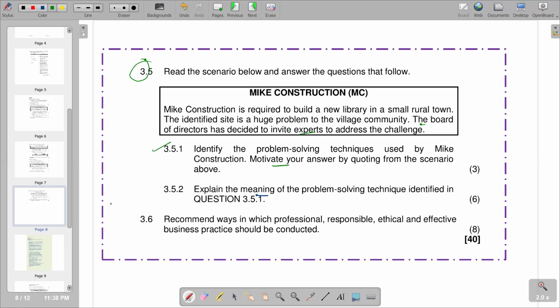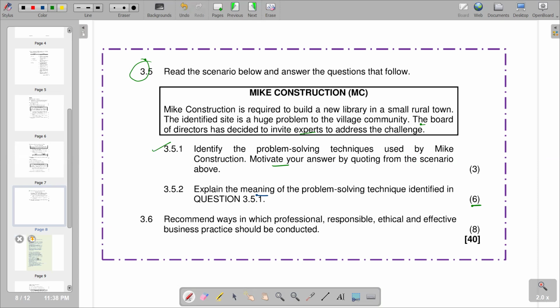A Delphi technique is the process of gathering a panel of experts, like what has been highlighted, and engaging in several rounds of questions about how to make certain business decisions or solve organizational problems. This is a brief explanation, but the question has 6 marks, which means it requires a detailed explanation of what a Delphi technique is.